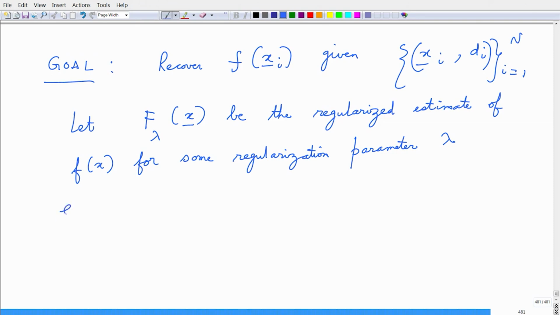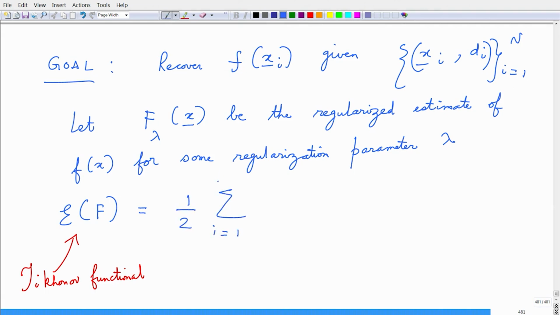So, E of f is our Tikhonov functional that we have dealt with earlier. And this Tikhonov functional has two parts.